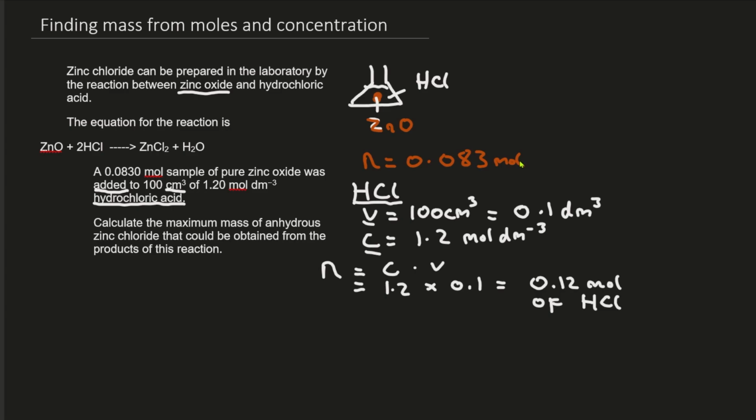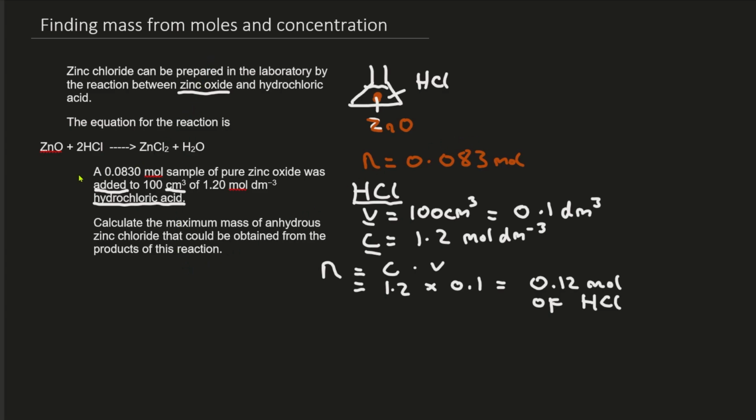If you've seen my previous videos on moles and limiting reagents, we've got two reactants, one of which is in excess, i.e. there's lots of it available, and the other is limiting, i.e. it is the one that is going to be used up first. We don't know which one that is yet because we've not got an equivalent stoichiometric number of moles for both. What I mean by that is the following.